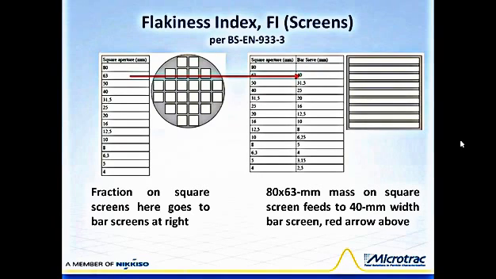The sum of bar screen's undersized mass divided by the total mass to the square screens times 100 is the total sample flakiness index.